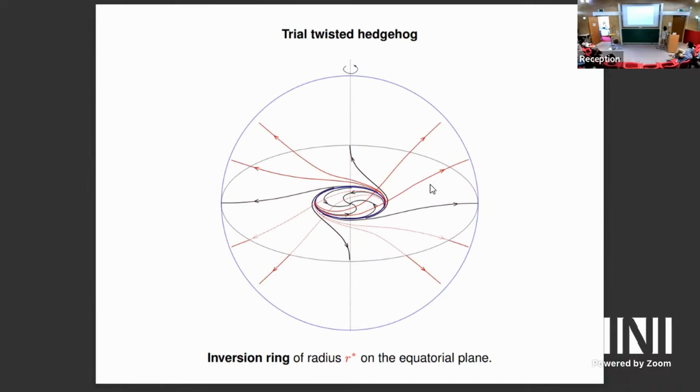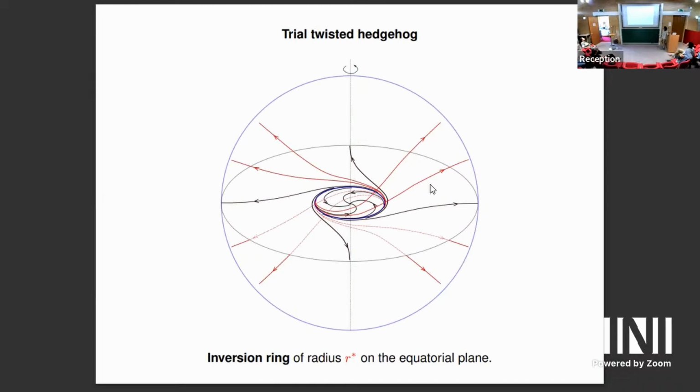And here is its general appearance inside a sphere enforcing homeotropic boundary conditions. We can see an inversion ring of radius that we call r star, which is on the equatorial plane, and it is here depicted in blue.